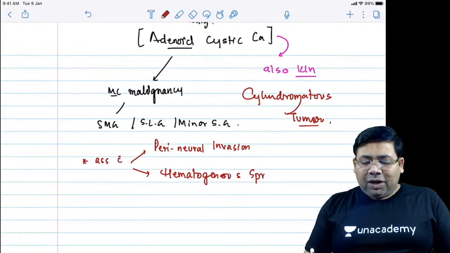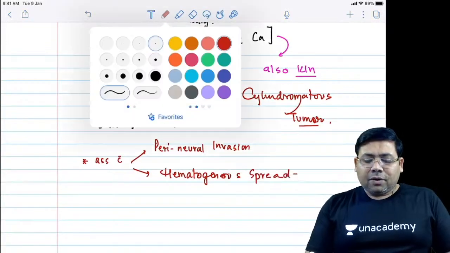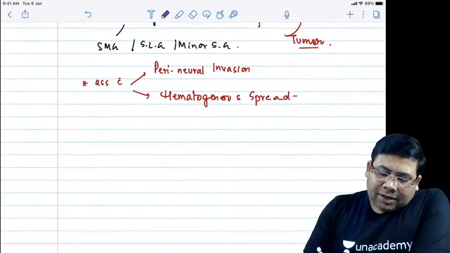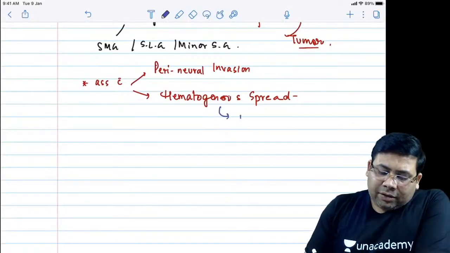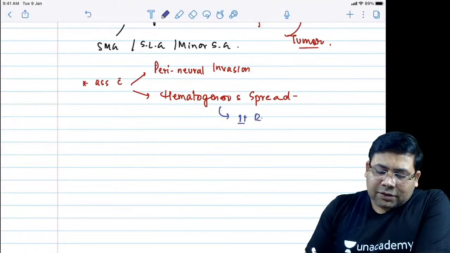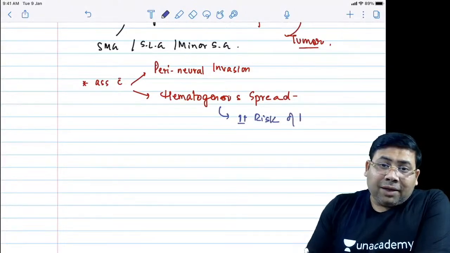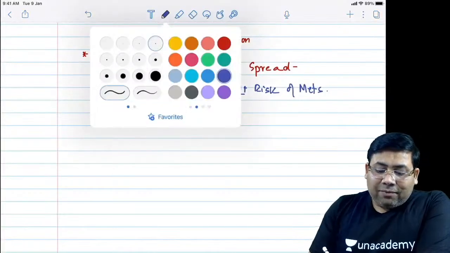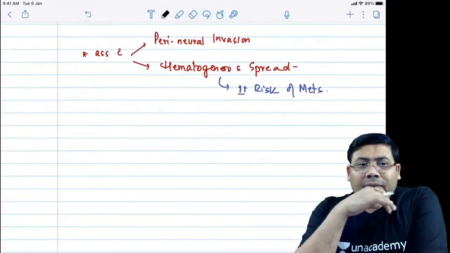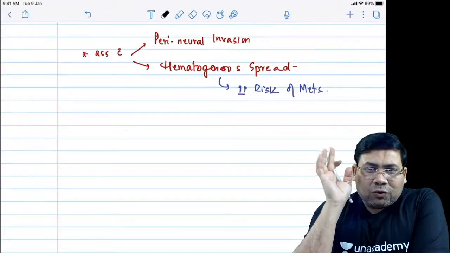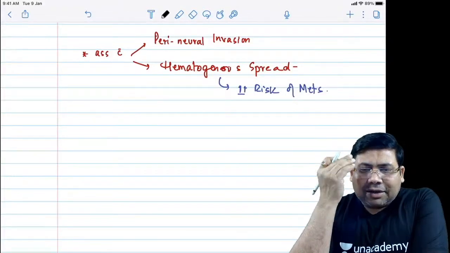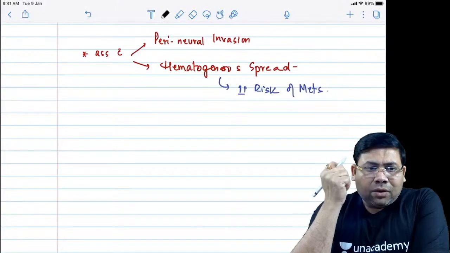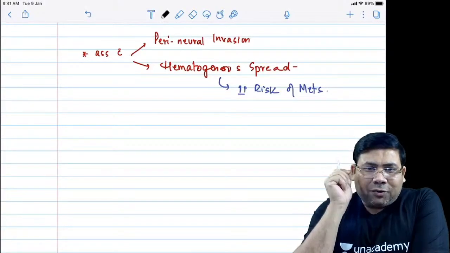One very unique property about them. What is unique about them? Since they have hematogenous spread, there is an increased risk of metastases. But the unique property of this tumor is that even when we have metastasis, it is not considered an absolute contraindication for resection. Very good, Ajay. I'll tell that also.